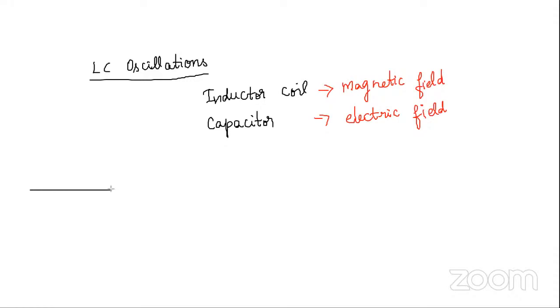So this is the ground level. And you consider an object here, a spherical object or any object, that doesn't matter. It is at a particular height h from the ground level.